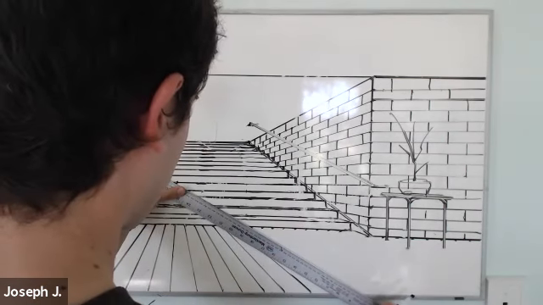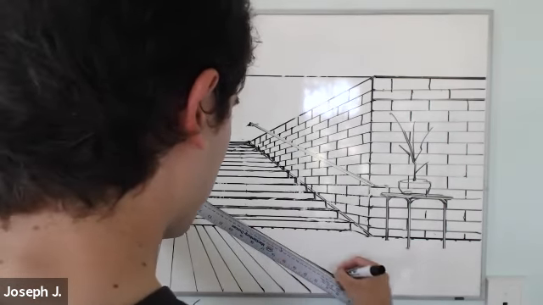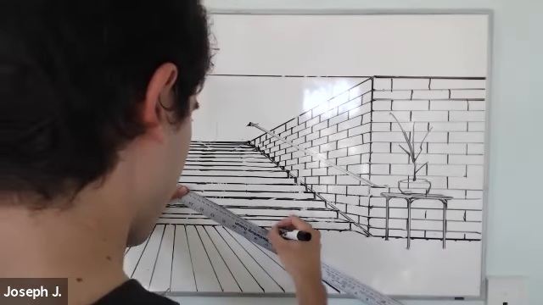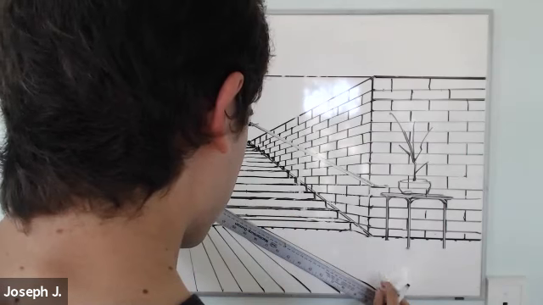Making sure that all these lines are intercepting both the point on the ground and the point of my vanishing point. Oops.